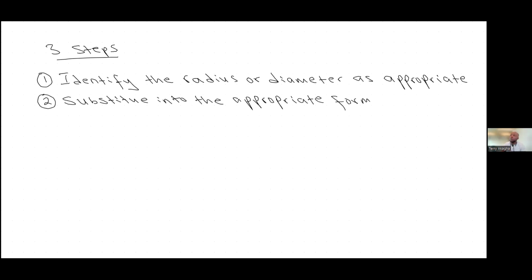Okay, so the formula is the area of a circle is equal to pi r squared or pi d squared divided by 4.